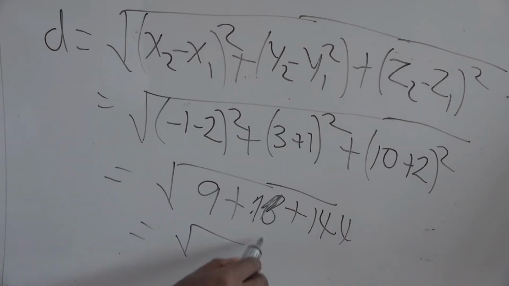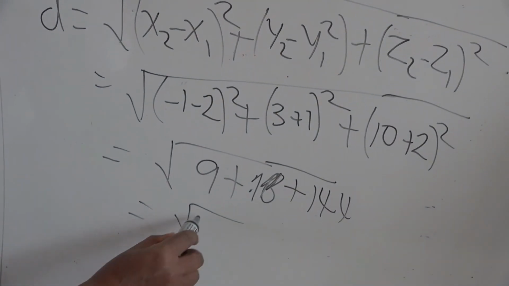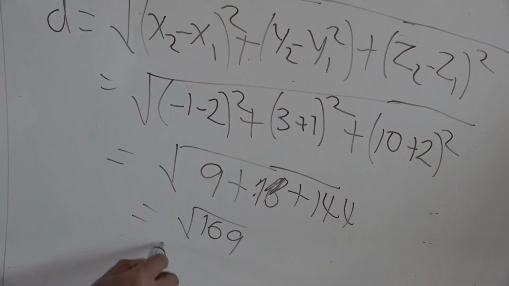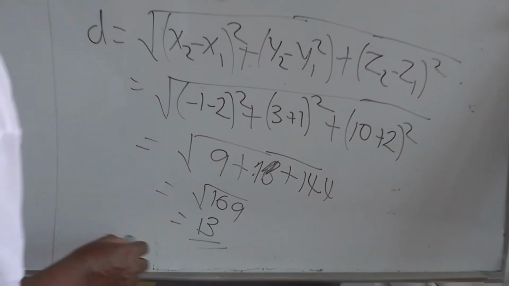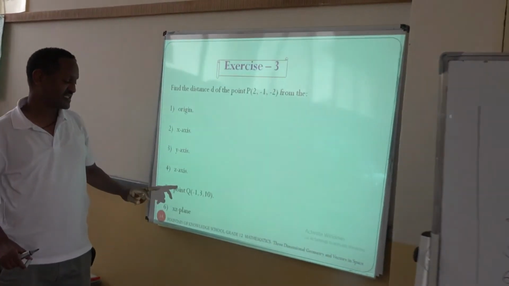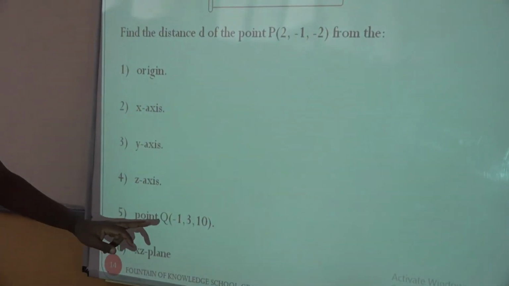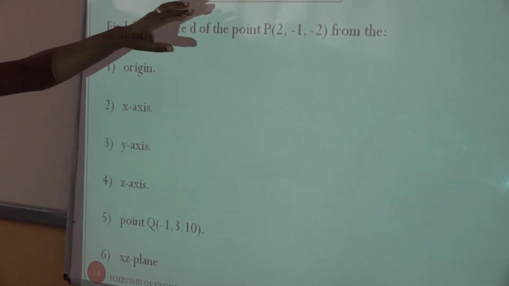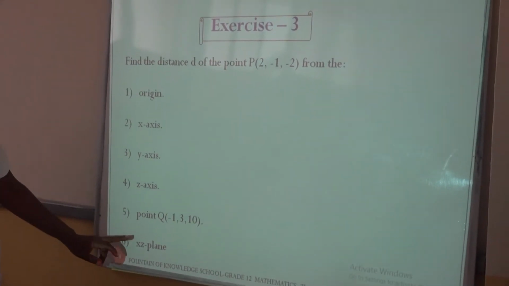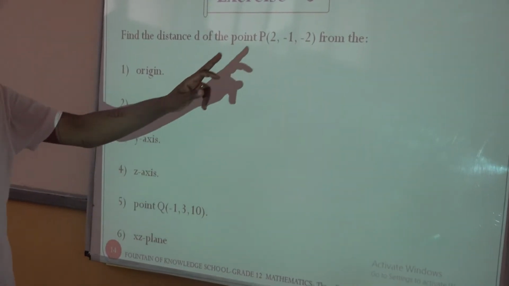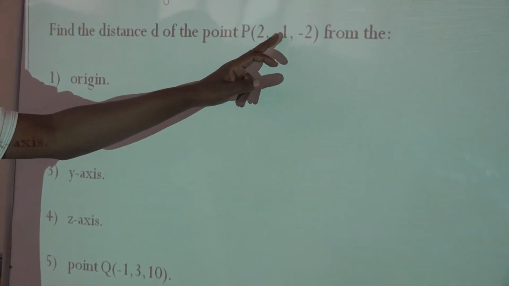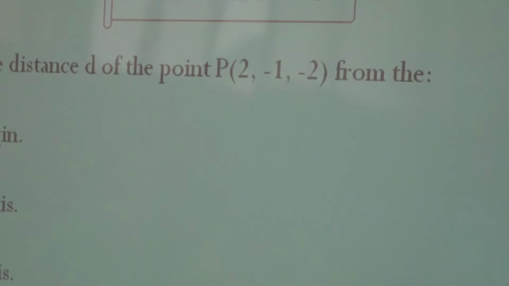And that is 16 plus 144, 160 plus 9, 169. The square root of 169 is 13. Therefore, this point is at a distance of 13 units from Q. And the distance of this point from the xz plane is the absolute value of its y coordinate, and that is 1.